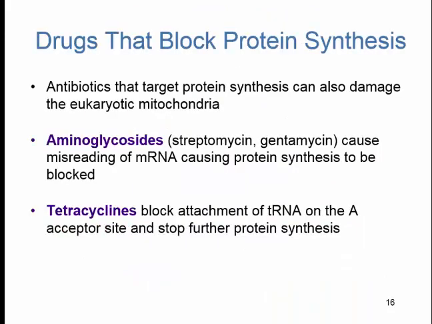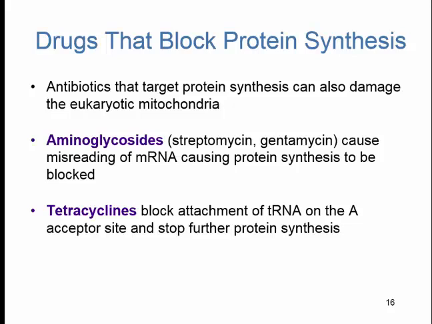Drugs that impact protein synthesis, just as a reminder, all drugs that interact with protein synthesis are going to be broad spectrum. They're going to act pretty effectively against a wide range of microbes that have proteins, and that's pretty much everybody. And so aminoglycosides, such as streptomycin and gentamicin, when they're acting, they actually cause a misreading of mRNA.